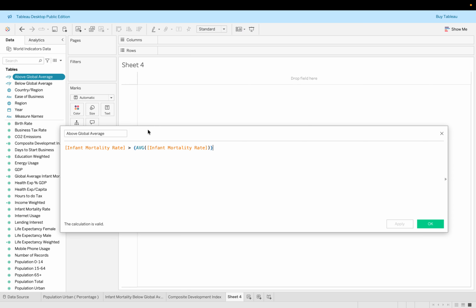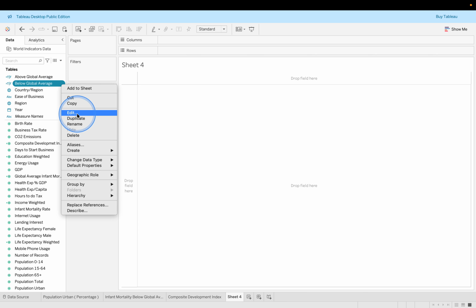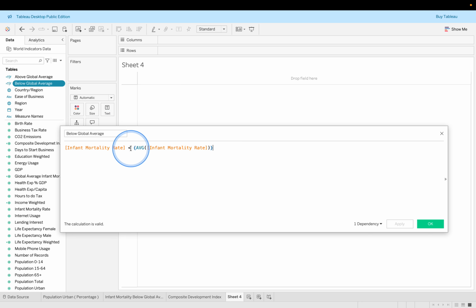I created the two because when you have the global average, you can have the infant mortality for the country, then we have the greater than sign above the average infant mortality. Then we have the below global average, so you can see infant mortality rate, then we have the less than sign for average mortality rate.